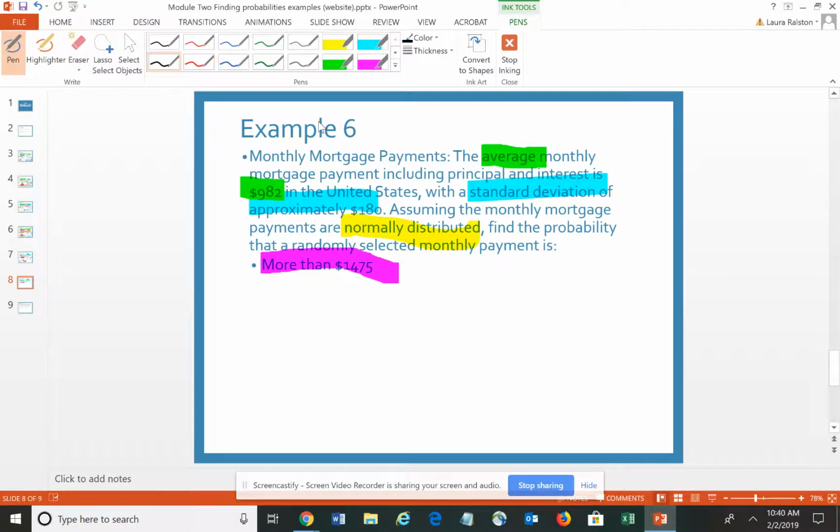Okay, so making notes of our information, X is approximately normal with a mean of 982, standard deviation of 180. Again, we want to find the probability that our payment is more than, greater than, above $1,475.